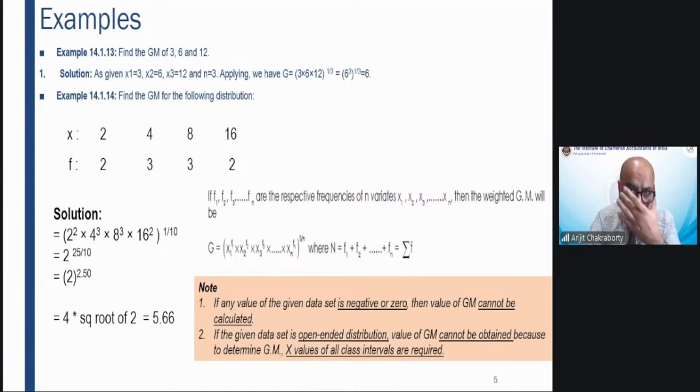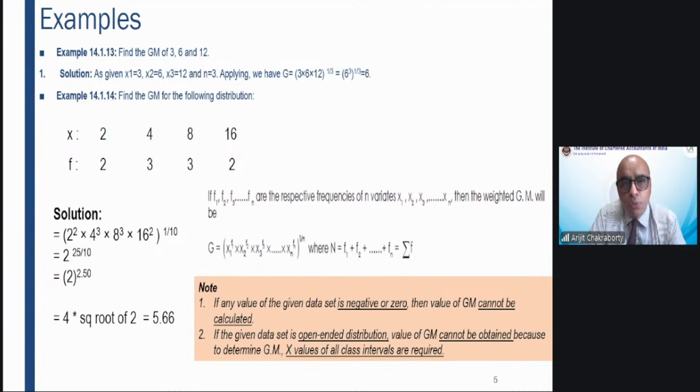We have to think of other measures. We have AM, we have GM, we have HM, harmonic mean, median. We might think of using mode. But GM will not be the correct approach in case any of the values in a given data set is either 0 or negative.